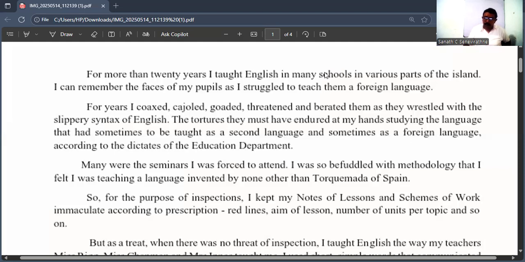On one occasion, English was taught as a second language, while on another occasion it was taught as a foreign language.